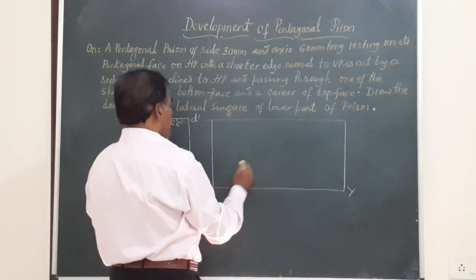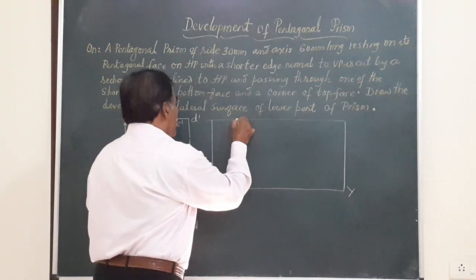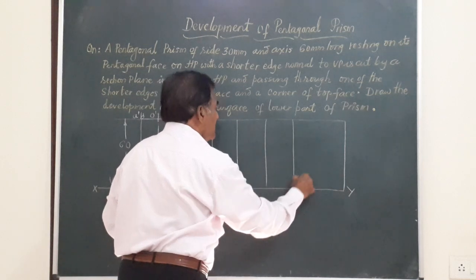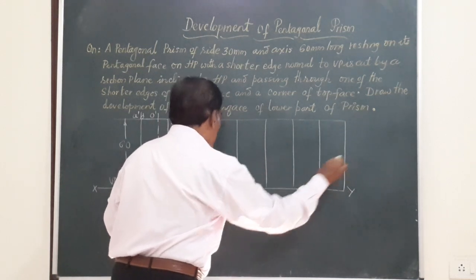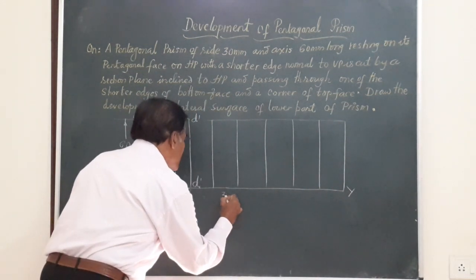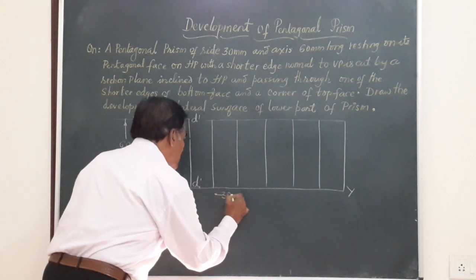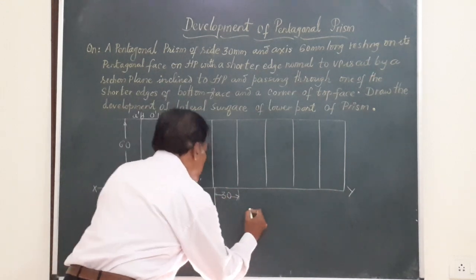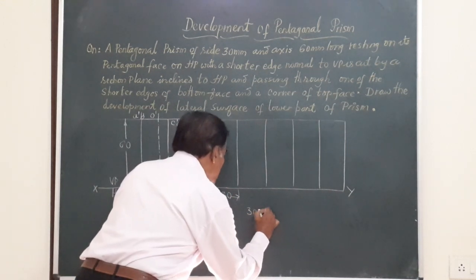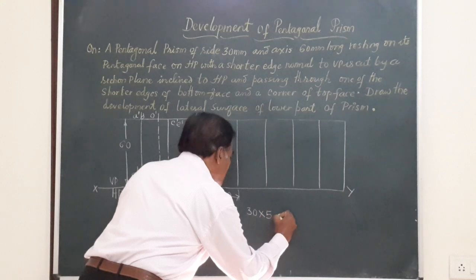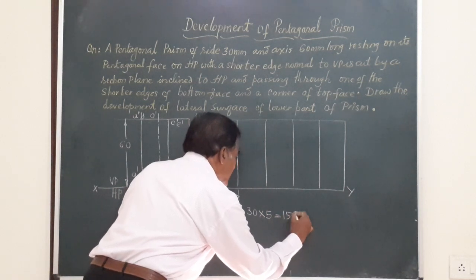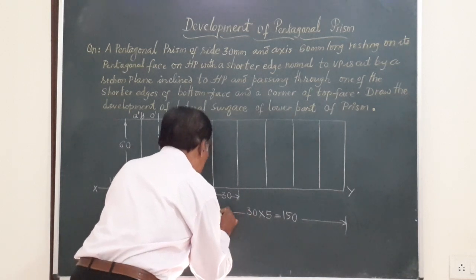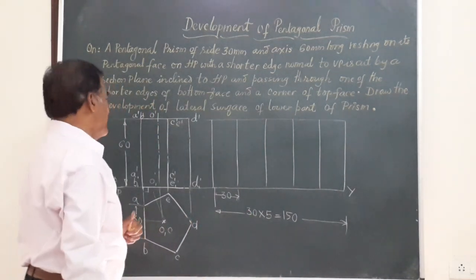So I am going to have this divided into 5 parts, 1, 2, 3, 4 and 5. All are of equal division and each of them is equal to 30 mm. This is 30, and the overall length is 30 multiplied by 5 sides of the pentagonal prism, that is 150 millimeter, is this width. And this is how you have to mark in the development.